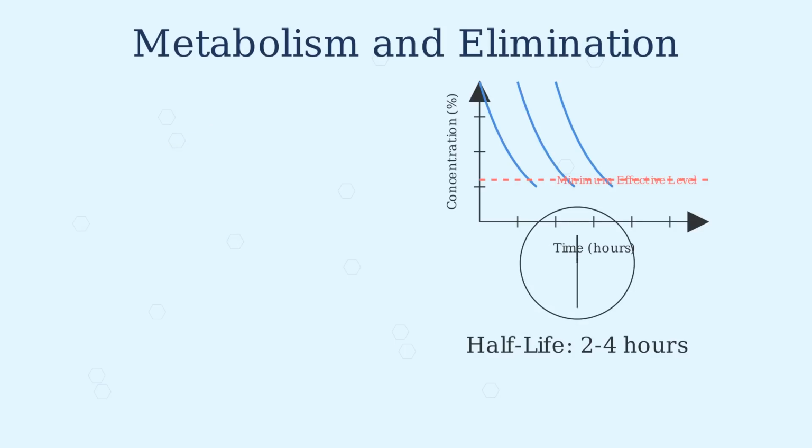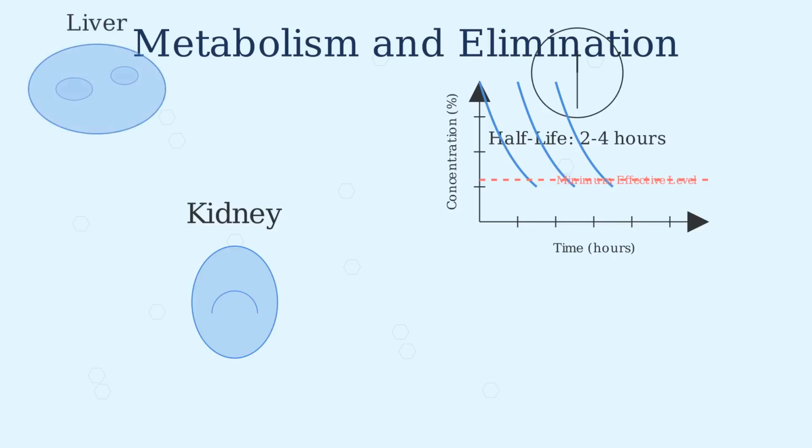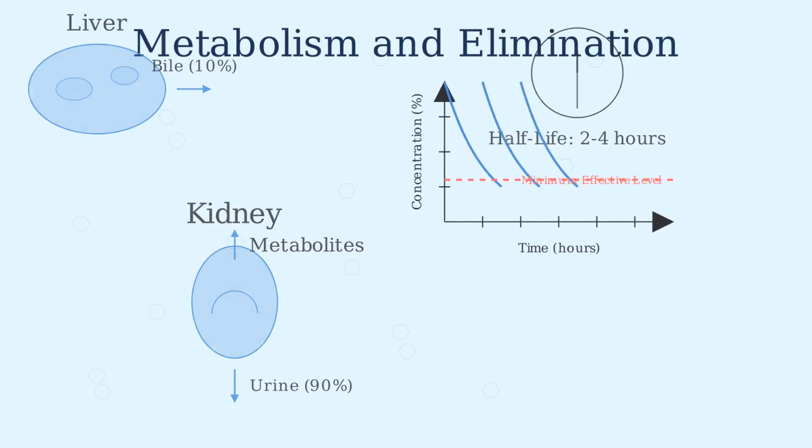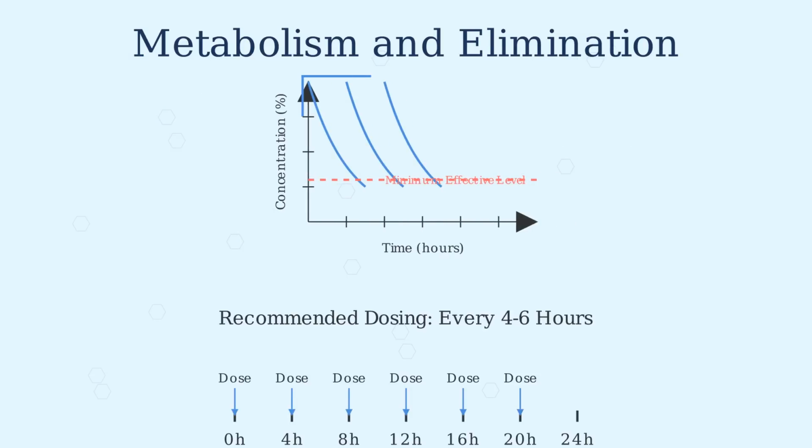This means half of the active drug is eliminated from the body within this time frame. Once metabolized, the metabolites are primarily excreted through the kidneys and urine, with a small amount eliminated in bile. This short half-life explains why ibuprofen typically needs to be taken every 4 to 6 hours for continuous relief.